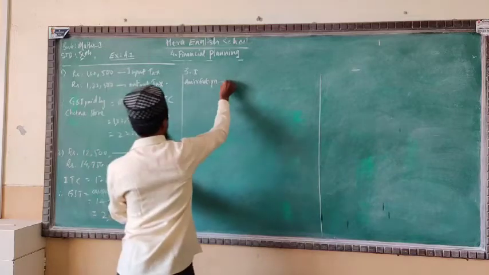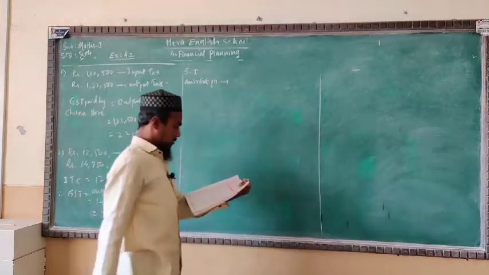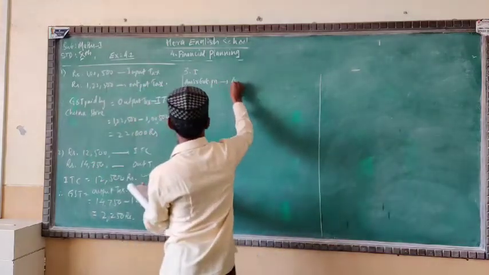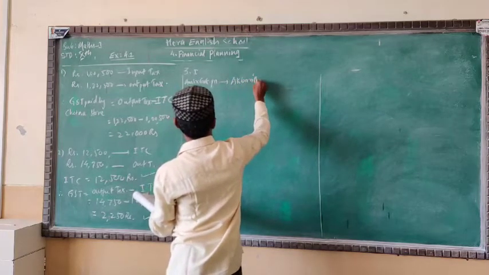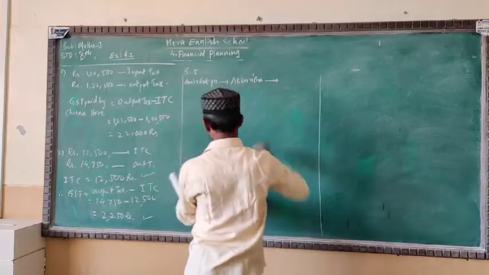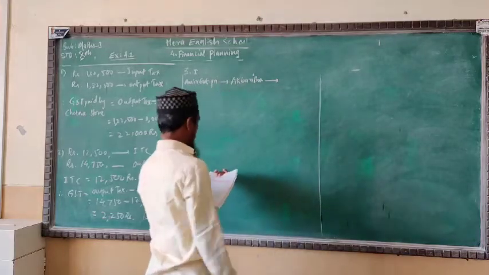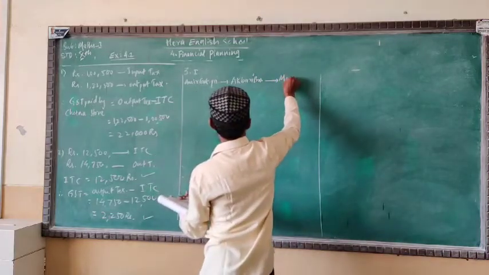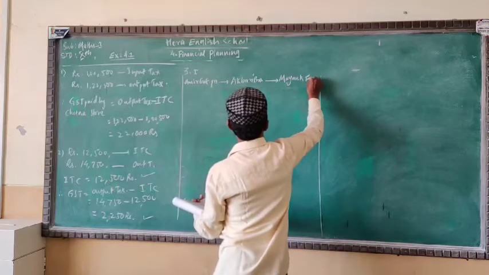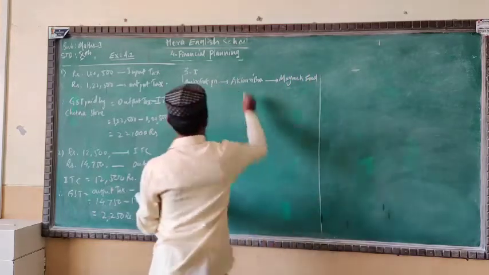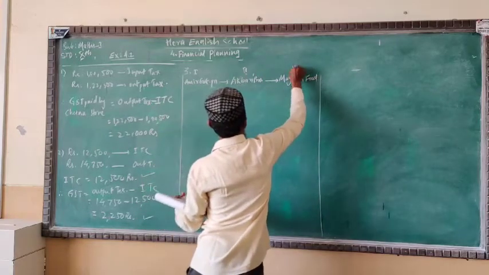Next firm is there, Amer sells to this one, Akbari Brothers. The Akbari Brothers sold these goods to the Mayank Food. Second part. And third one.